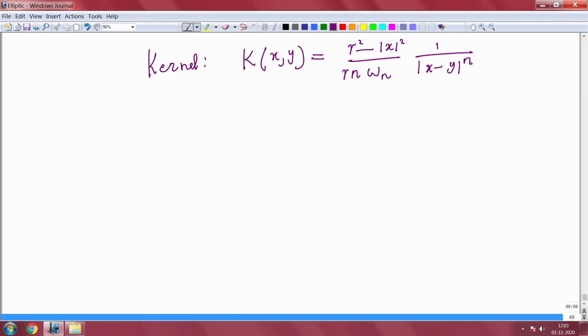So that's the Poisson kernel. Okay, so you have your Poisson kernel.